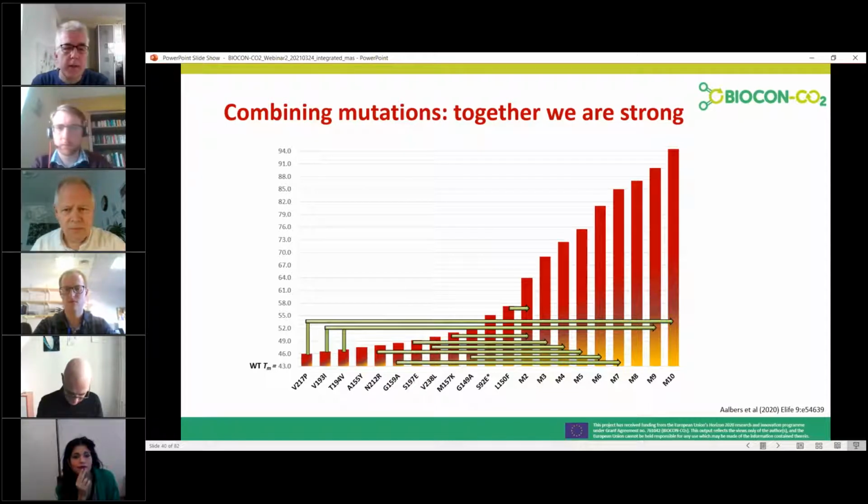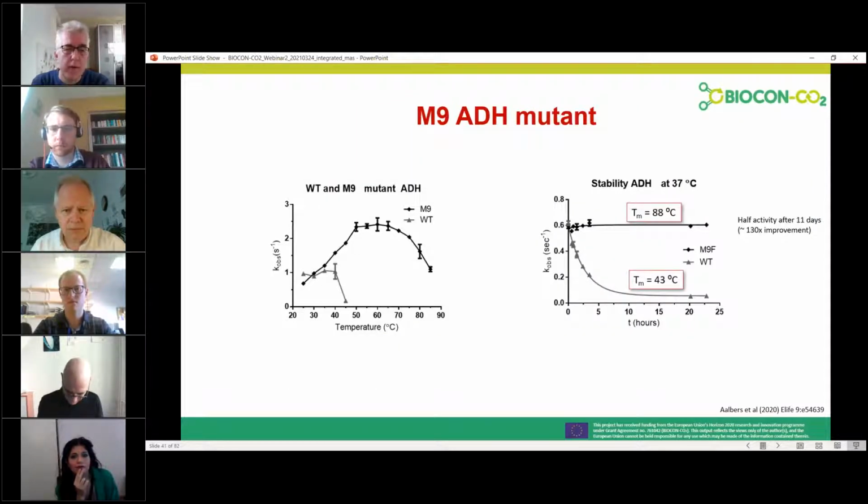Next slide, to illustrate that this generated mutant, and here I have the data of the M9 mutant, is really performing better, also with respect to conversions. On the left, you see the rate of catalysis, which at lower temperatures is similar to the wild type. But if you go to higher temperatures, the wild type just dies. With this mutant, you can go up to 80 degrees and it's still fully functional.